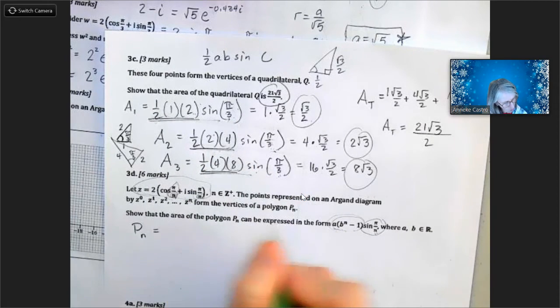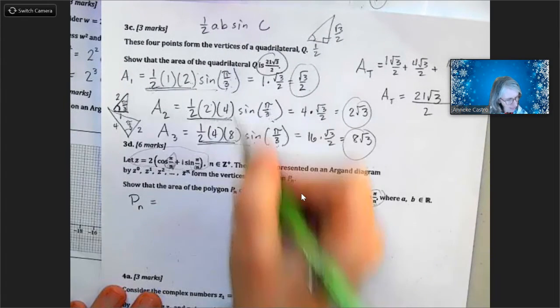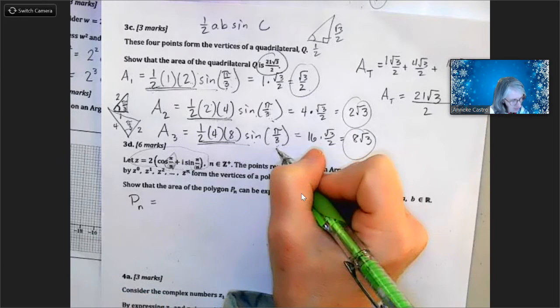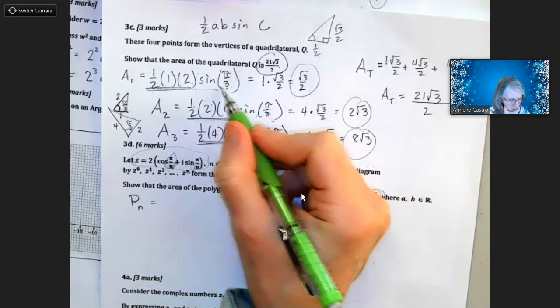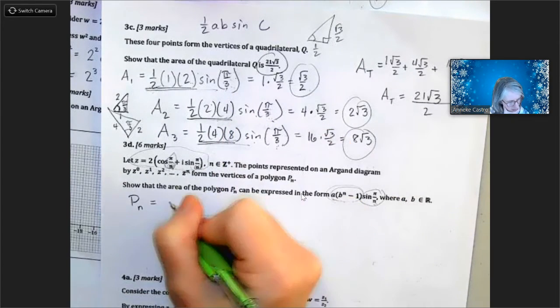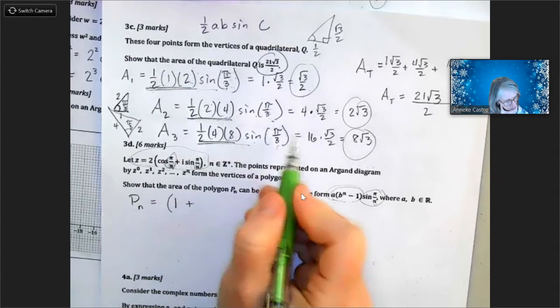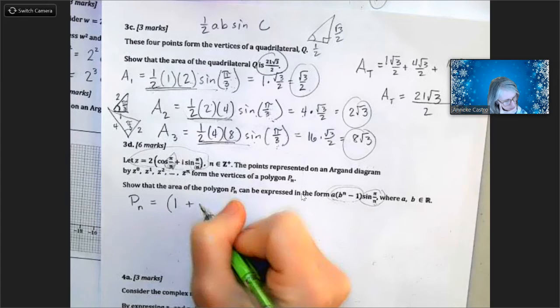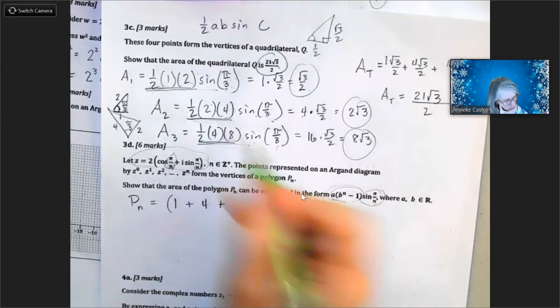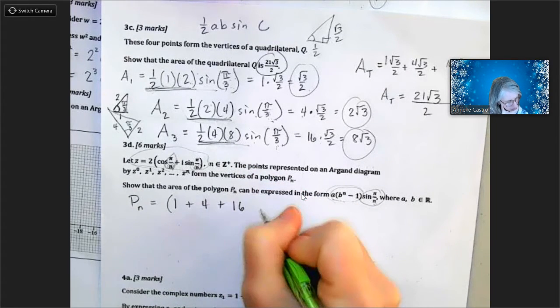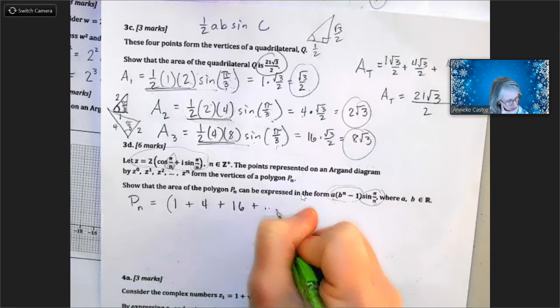Actually, maybe I don't have much room. That's why I'm trying to avoid writing this all down. So if I add this plus this plus this, I can factor out my sine of pi over 3. So I'm going to have this number is 1, plus this number was 4, plus this number was 16, plus dot, dot, dot.